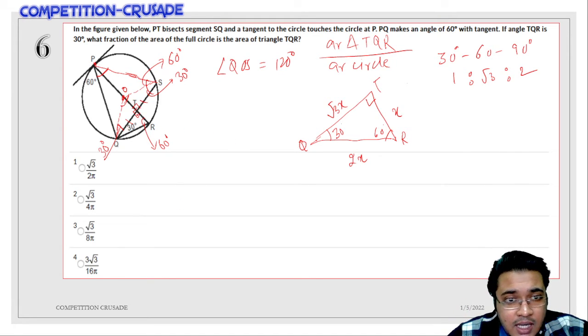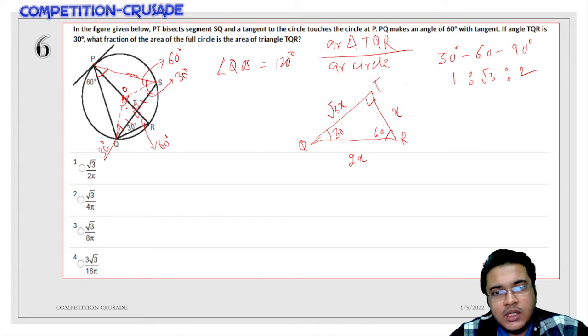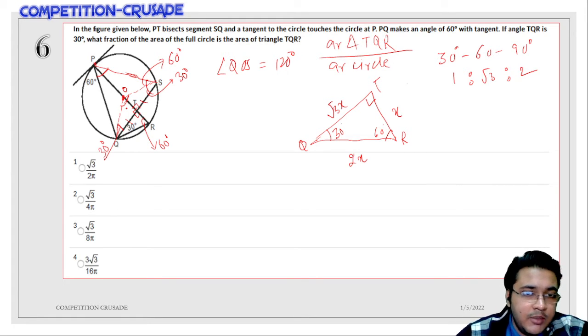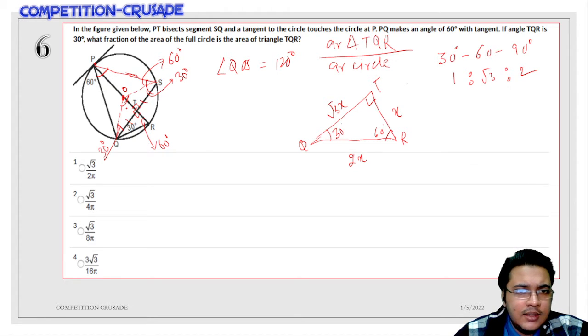Now the reason I know that TQ is equal to TQ for both the triangles TQR and OTQ, so I know for a fact that these two triangles are congruent. They're not looking congruent, but I know that they are, because all the angles are equal and one of the sides has come out to be root 3x.